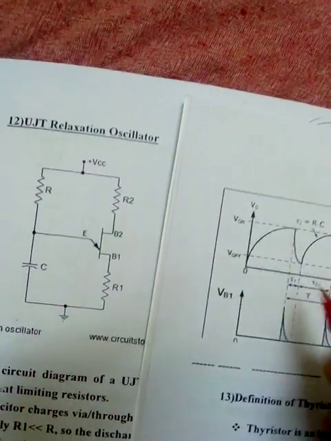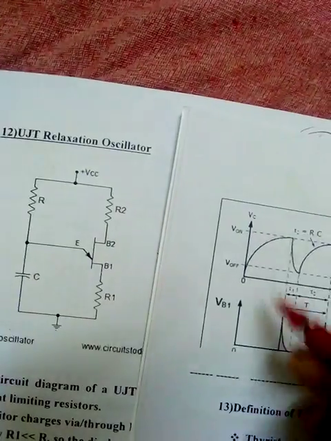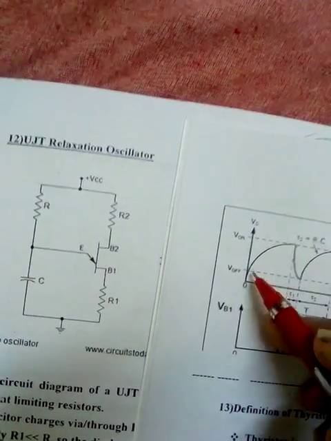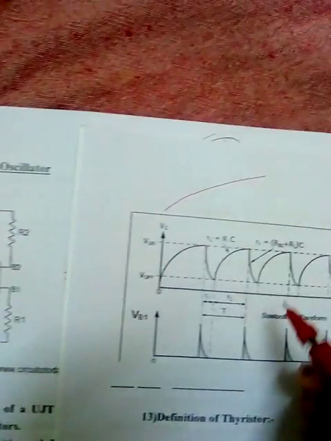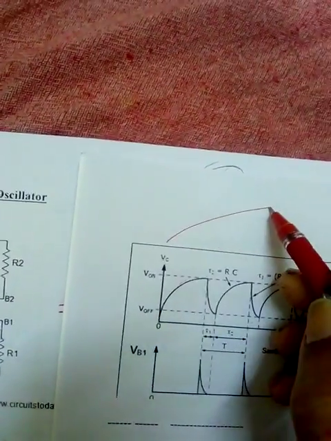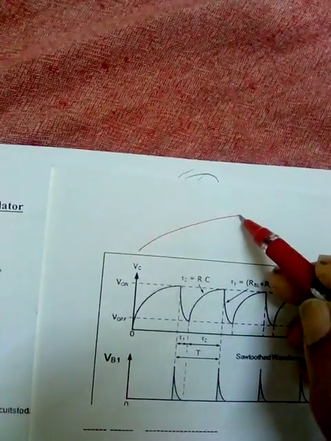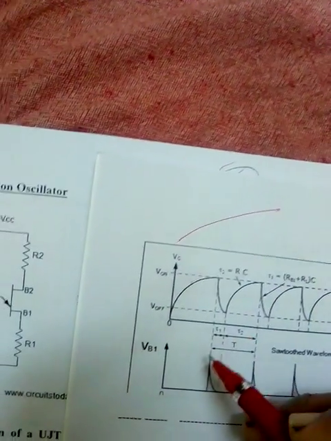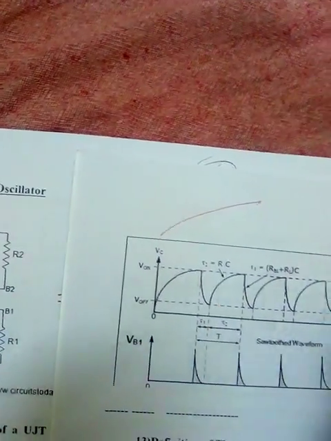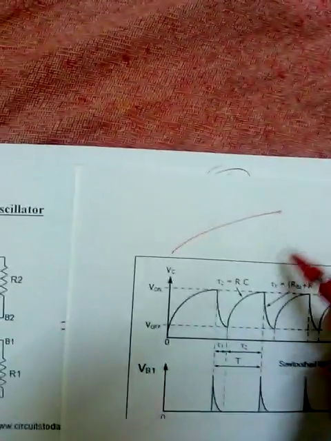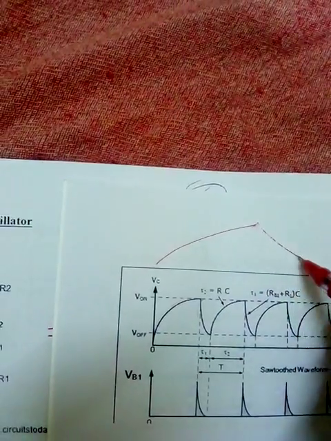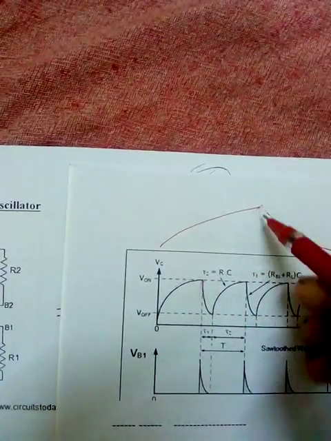If you keep this R1 large, R large, you can get like this also. Slowly charging. If you keep RB1 or R1 large, it will come like this slowly instead of like this.